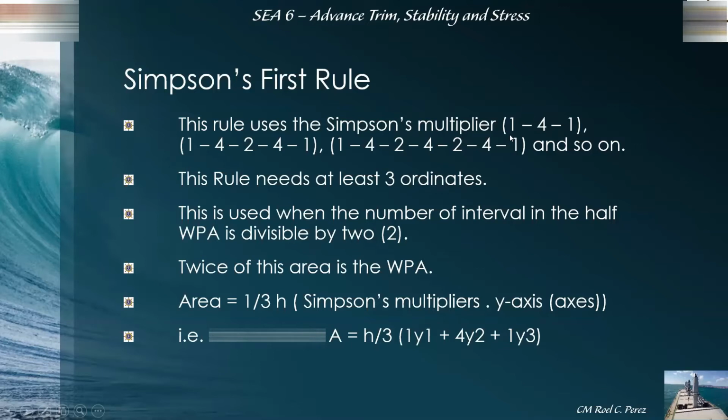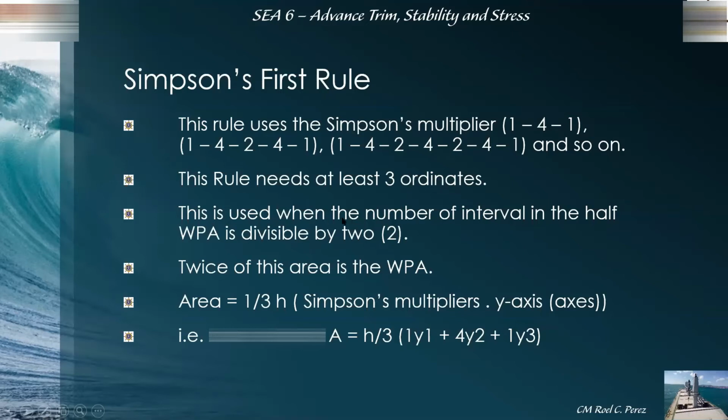So these are the multipliers: 1, 4, 1, 1, 4, 2, 4, 1, 1, 4, 2, 4, 2, 4, 1, and so on. And this rule needs at least 3 ordinates. Ito ang pinaka-least na pwede nating isolve. 3.